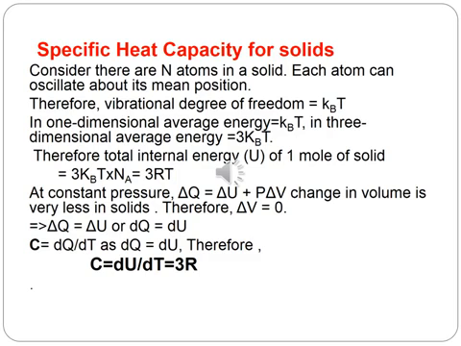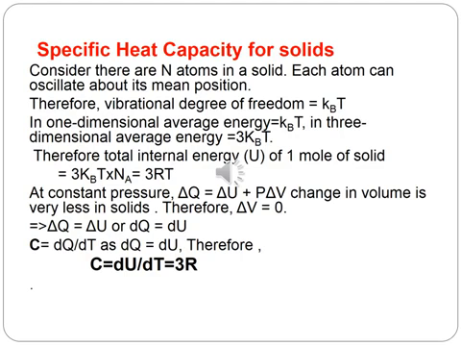Now we are going to calculate the specific heat capacity at constant pressure according to the thermodynamic equation, which is the first law, delta Q is equal to delta U plus P delta V. At constant pressure, the change in volume will be very small. It can be neglected, then delta V is equal to 0.